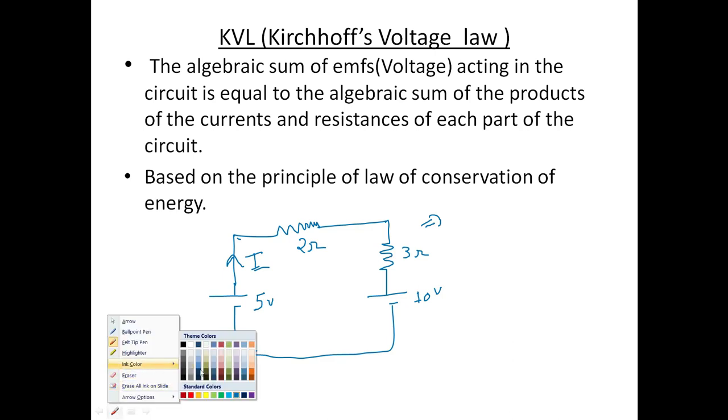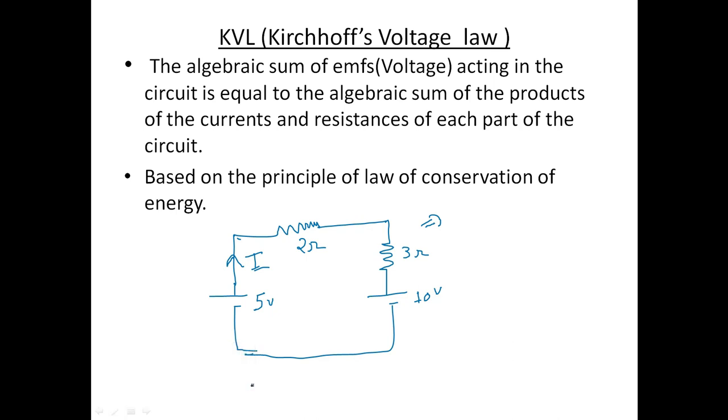Here in this problem we are going from here. We can assume the direction positive, negative, because we are going from higher to lower. Again positive, negative, then positive, negative, and then here is negative and positive. Now how can we calculate the current I?